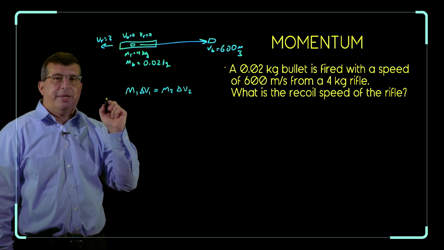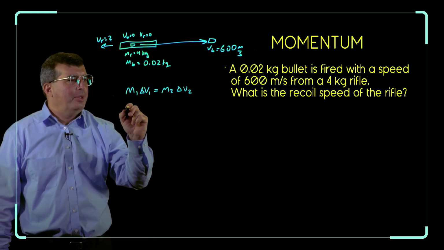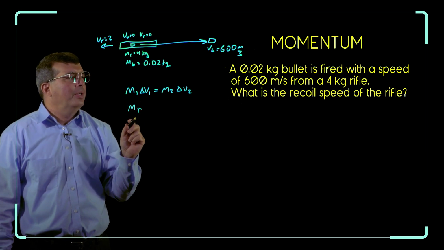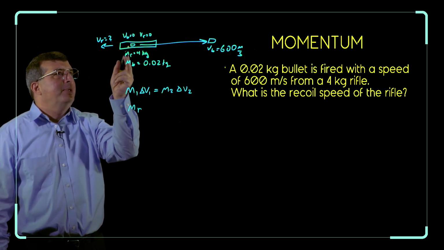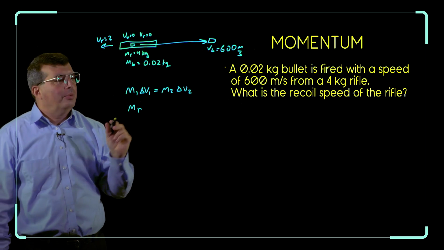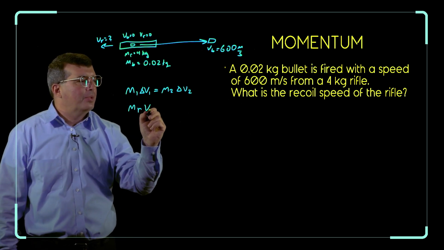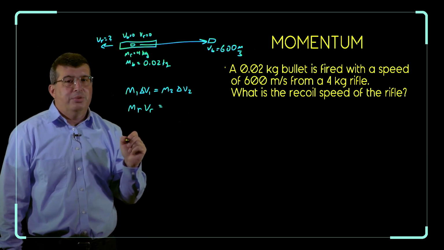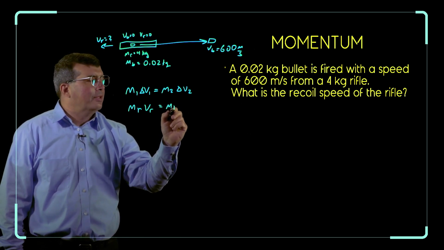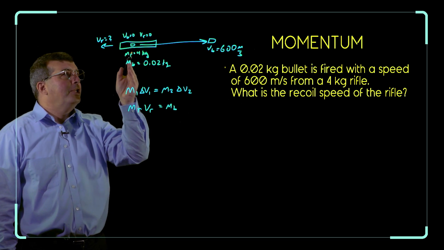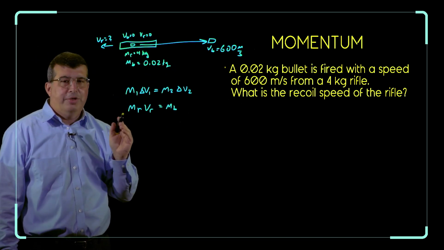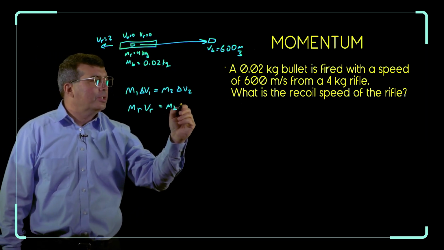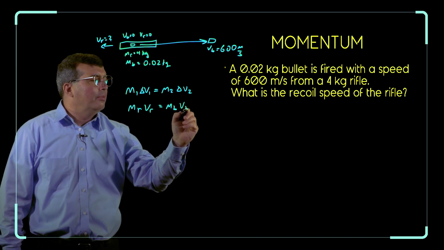Okay, well, let's let mass 1 be the rifle, so that'd be mass rifle. And the change in the rifle speed, it goes from 0 to V rifle. So the change in the speed is just whatever that V rifle is. And object 2 is the bullet, so that would be mass of the bullet. And once again, the bullet speed goes from 0 to V bullet, so the change is just V bullet.